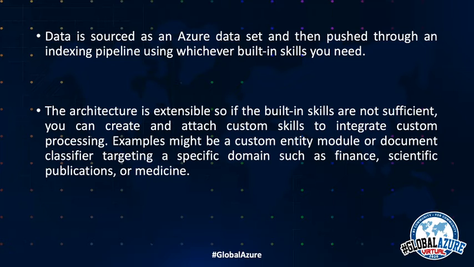You can bring your custom skills from a third party, or as I said, your own, for custom processing. For instance, let's classify a document: which category does this file belong to, finance, scientific publications, medicine, whatever.